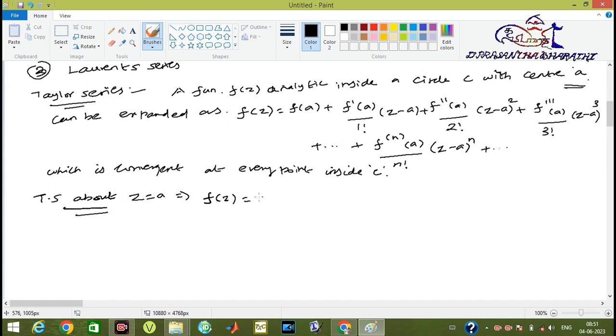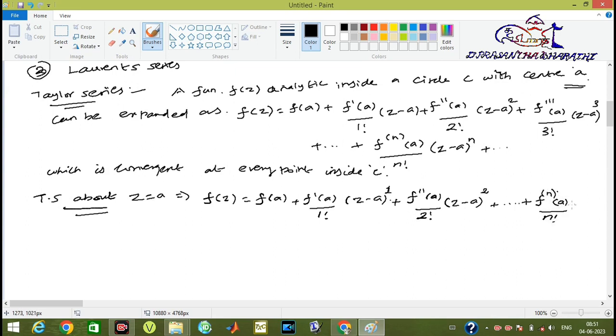That is f of z equal to f of a plus f dash of a by 1 factorial into z minus a whole power 1, plus f double dash of a by 2 factorial into z minus a whole square, plus etc., plus the nth derivative of f of a by n factorial into z minus a whole power n.